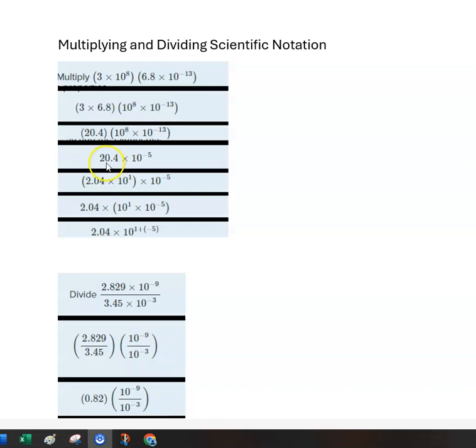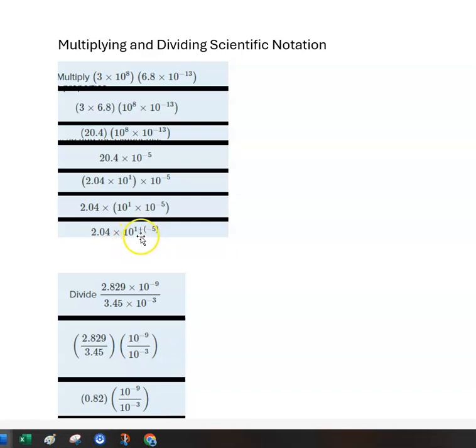Moved it one spot, so I have 10 to the 1st. And then times 10 to the negative 5th. Now, due to the associative property, I can do any order I want. I'm going to go ahead and multiply these exponents with the same base. Negative 5 plus 1 gives me negative 4.